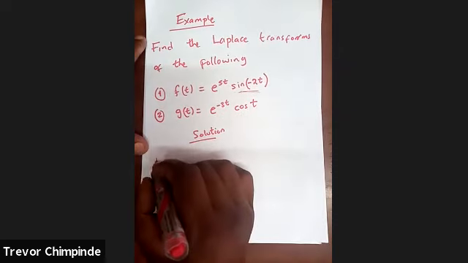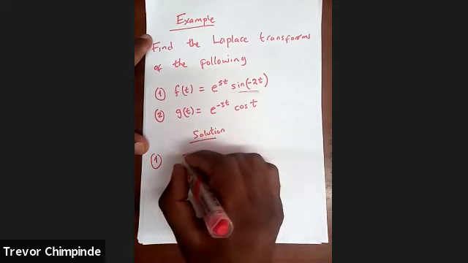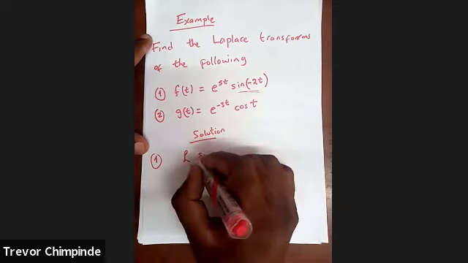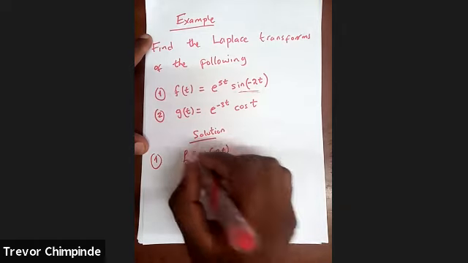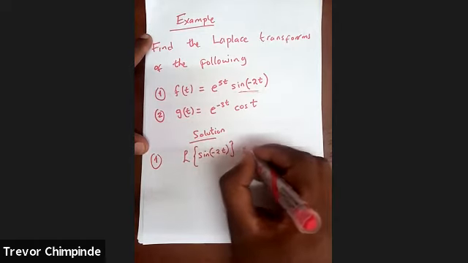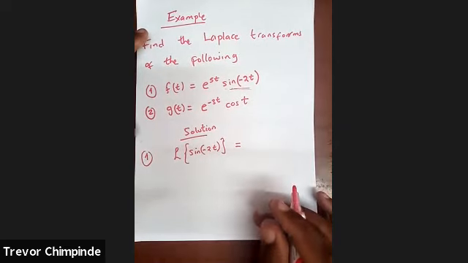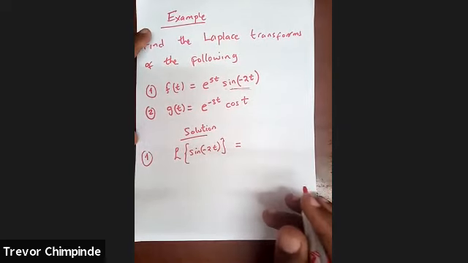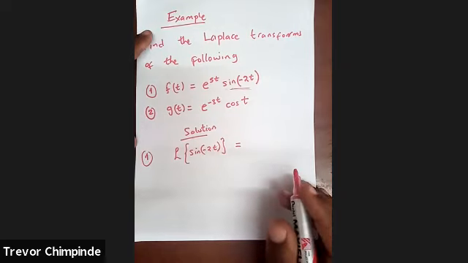So if we look at the first one, we know the Laplace of sine negative 2t. What is it? Who can tell us what the Laplace of this is? No one? Negative 2.